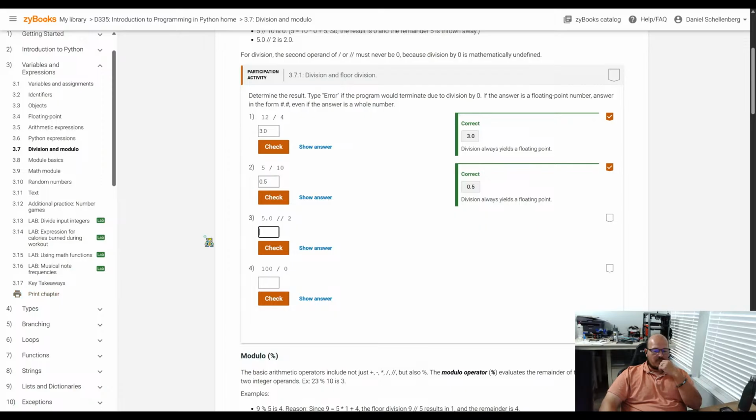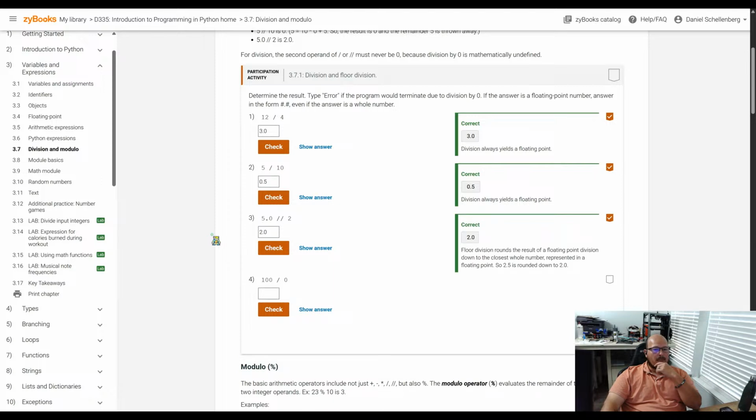I feel like this is going to be 2. Is it going to have me do, rounds the result down to the closest whole number? So does that mean it's going to be 2.0? Yeah, okay. Because it wants me to do it in this format, that's why. Even if it's using the floor division, it still wants me to output it the way it says here. And then this is actually going to bring an error because you can't divide by 0. So this is going to bring out an error.